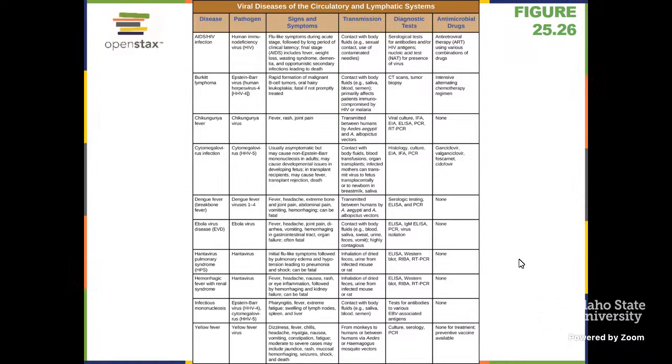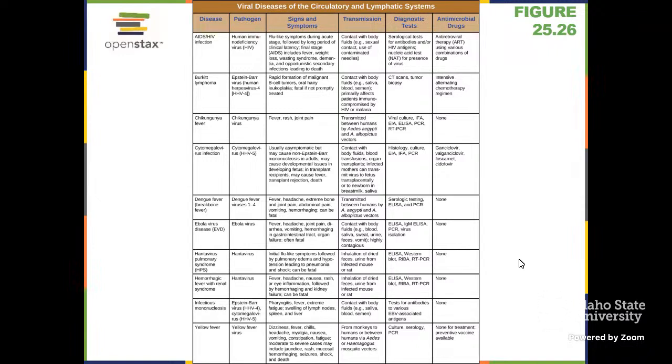The mono, like I said, Epstein-Barr or cytomegalo, that may set the stage for that, and also kind of depends on if we're thinking young or adult, but doesn't necessarily always have to be just that way.